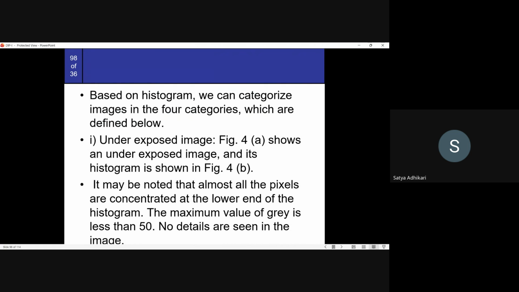The maximum value of gray is less than 50. No details are seen in the image because all values are below 50. If all the pixel or gray level values are below 50, you will get a darker image, because 50 is close to 0.